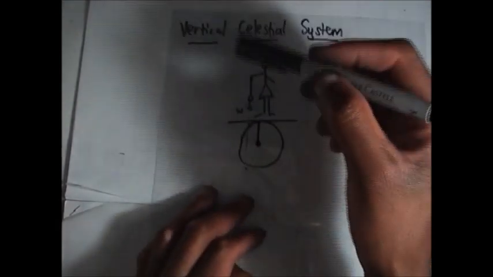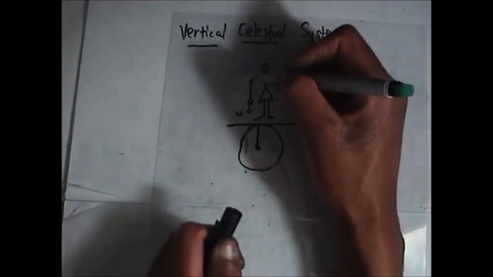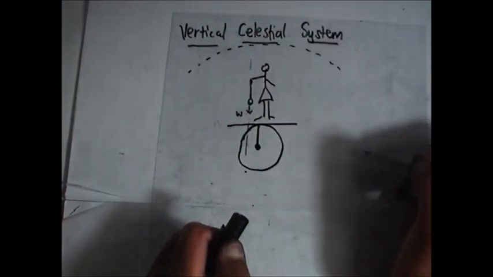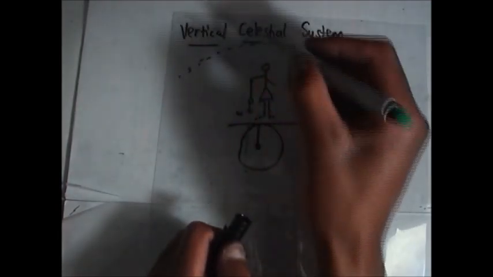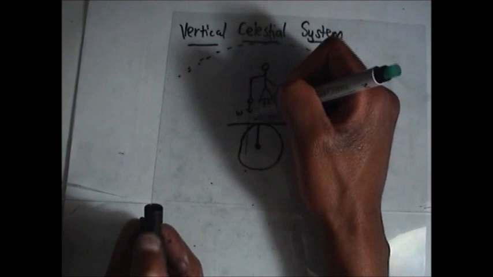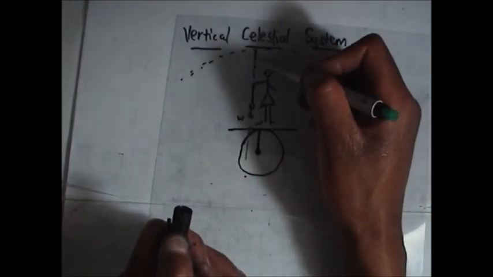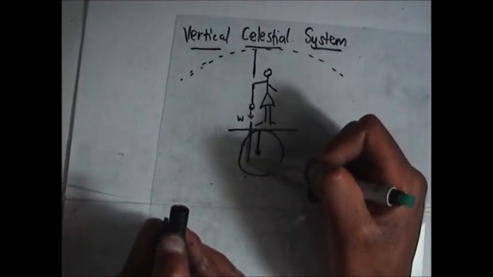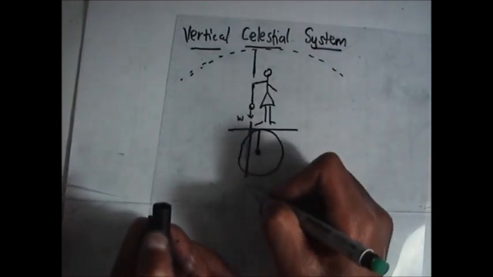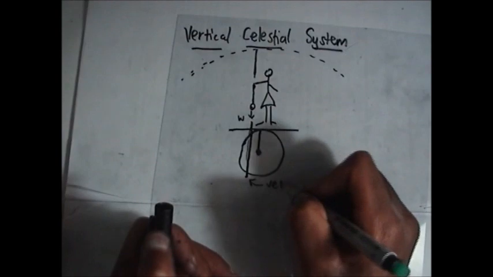So when you extend this line upwards, going all the way up to the celestial sphere, which is somewhere up above this girl, and going all the way down, when you extend this vertical line, you're going to come up with something called the vertical. So this is called the vertical.